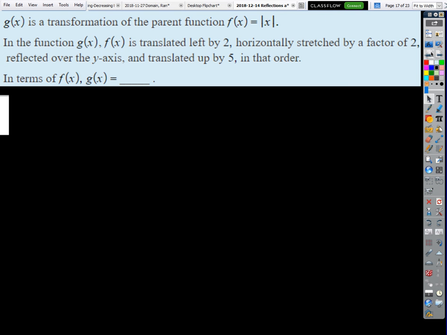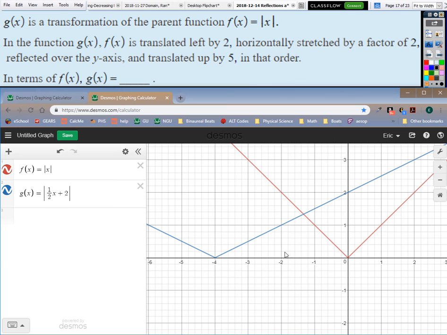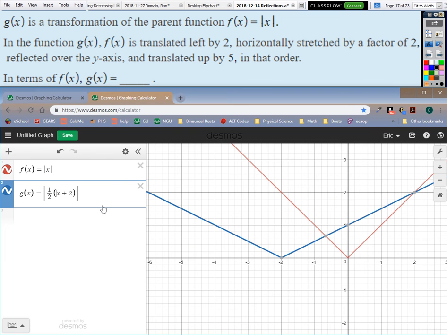How would I have to change this in order to stretch it first and then horizontally translate it? That's where I'd have to add those parentheses around the x plus 2. Do you see the difference? Now we've stretched the function by a factor of 2, but we've purposely put the vertex at -2.